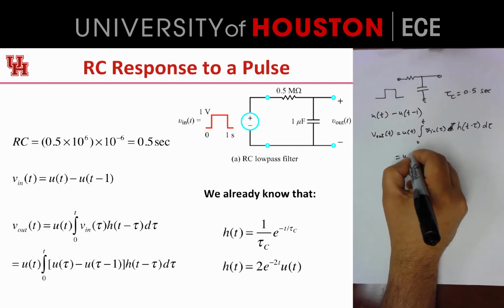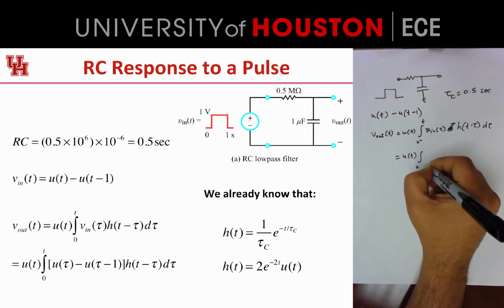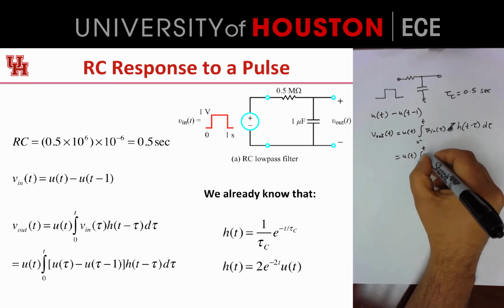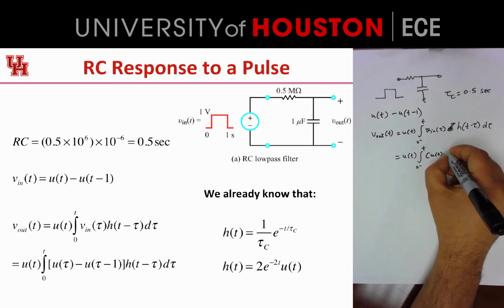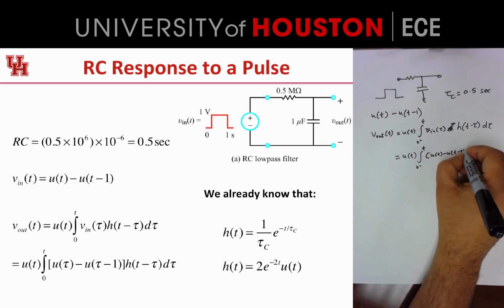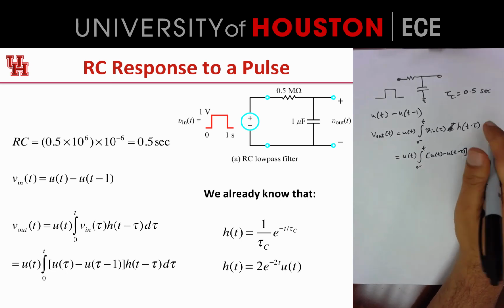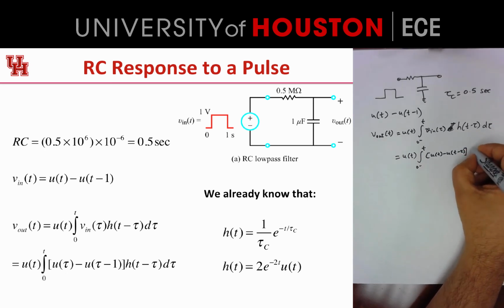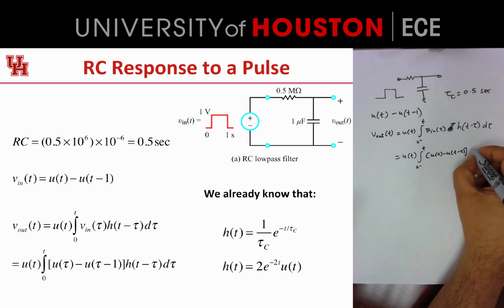This is u of t, integral from 0 minus to t, u of t minus u of t minus tau, times h of t minus tau, and h of t is basically 1 over 1/2 second, since our tau c is 1/2 second.